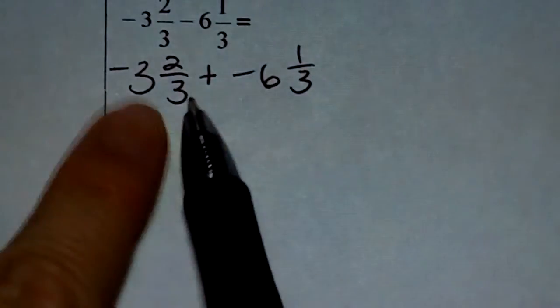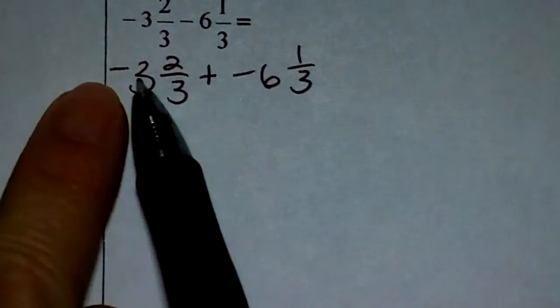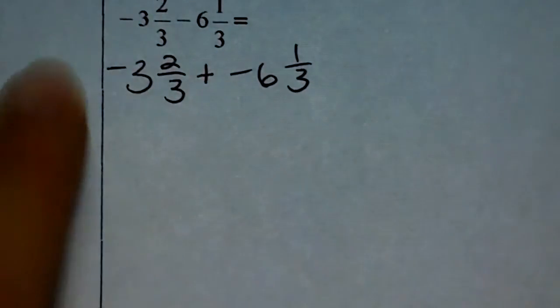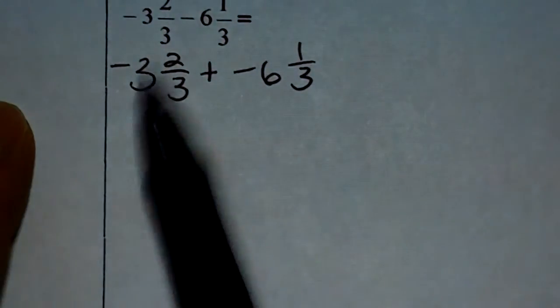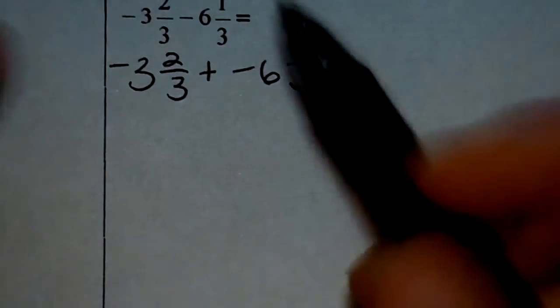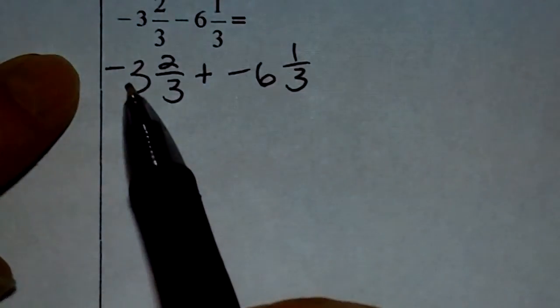You're supposed to take this times this plus that, right? Now there's this little negative sign here. When you're changing a mixed number that has a negative sign in front of it into an improper fraction, you need to ignore the negative sign and bring it back in at the end. And here's what I mean. Don't take 3 times negative 3.